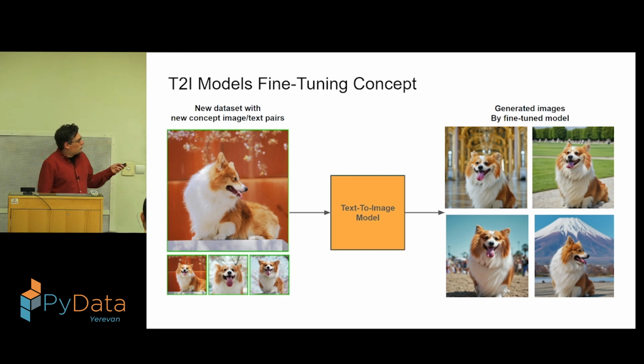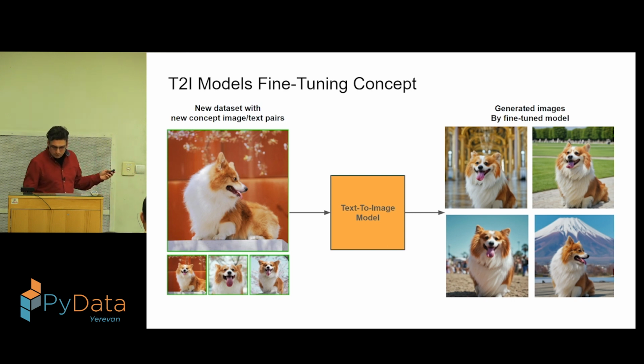It doesn't necessarily have to be a subject-driven concept. It can be some style or even some large group of concepts, so it's not necessarily just one, but for simplicity, let's assume that in this presentation we will be talking about this simple case.